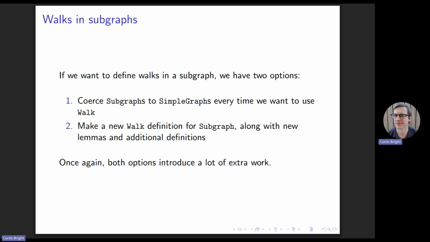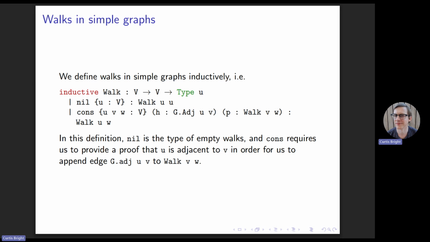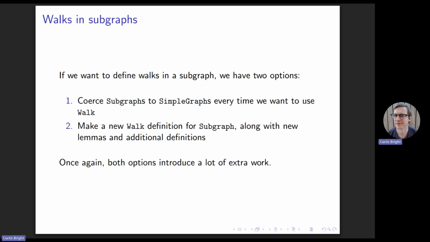This coercion can happen automatically because we have type coercion already defined, but it will introduce some type coercions for the graph specifically. Or we make a new walk definition for subgraph along with new lemmas and additional definitions. And this, again, introduces either code duplication or a lot of overhead.